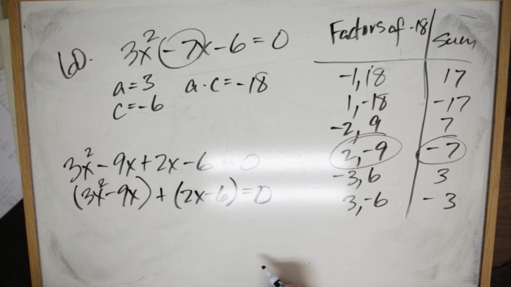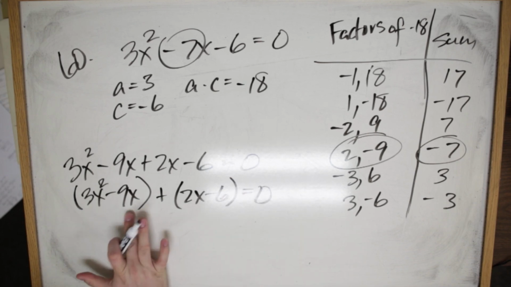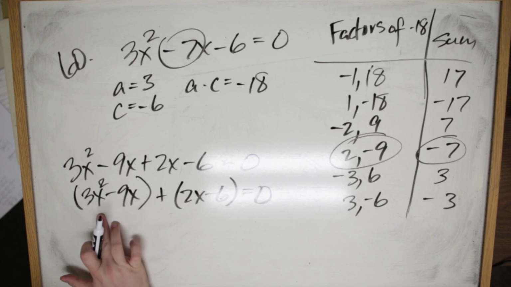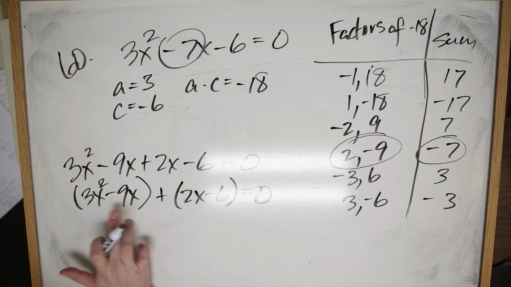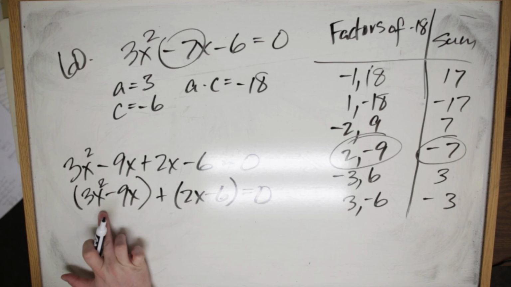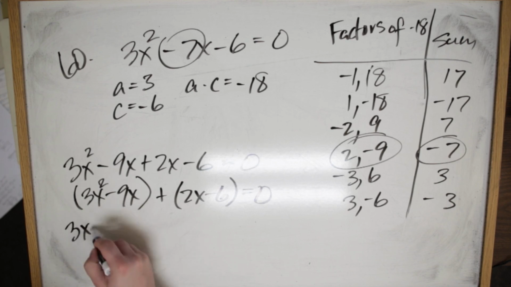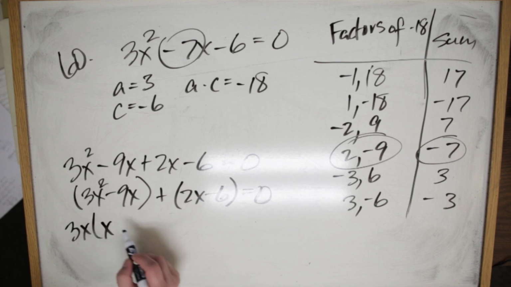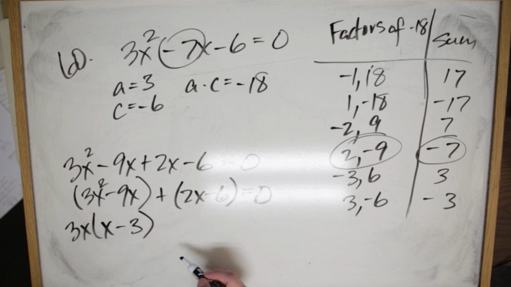Okay. Now we factor out what's common between both of these. So there's a 3 in both a 3 and a 9. There's an x in both an x squared and an x. So it looks like a 3x is coming out, and I'm going to be left with just an x for the first piece and a 3 for the last piece.